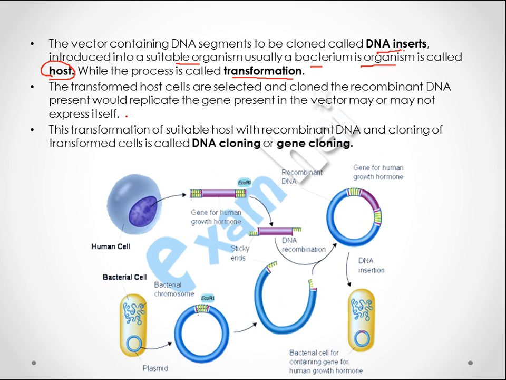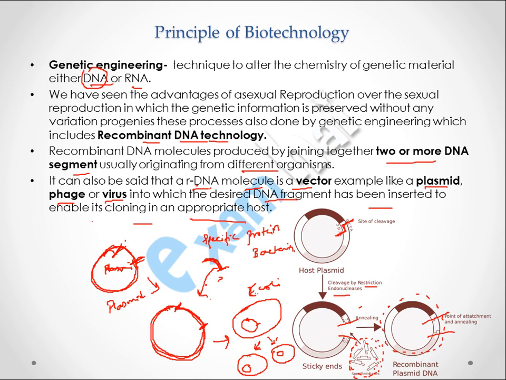So the transformed host cell is then selected and cloned. The recombinant DNA present would replicate the gene present in the vector, which may or may not express itself. As we have seen in this diagram, the replication of this gene will take place, but it might be possible that this E. coli would not respond to that gene, but it can be possible that the E. coli would respond to that gene, and this gene would replicate inside the E. coli and be transferred to its progeny or daughter cells.